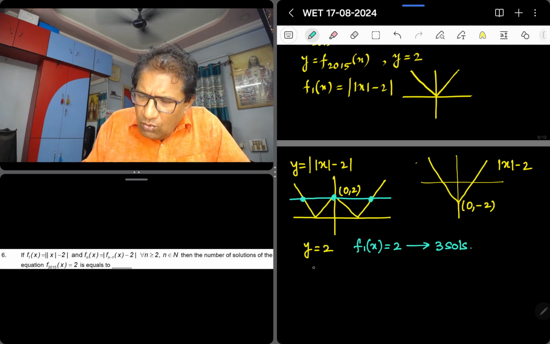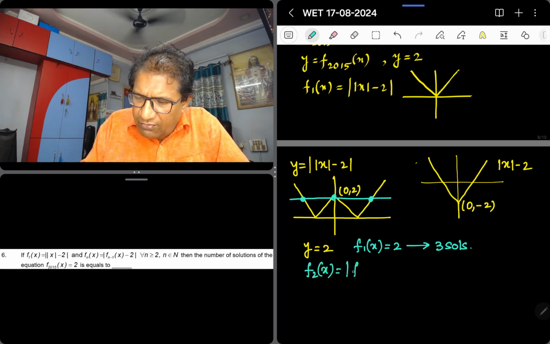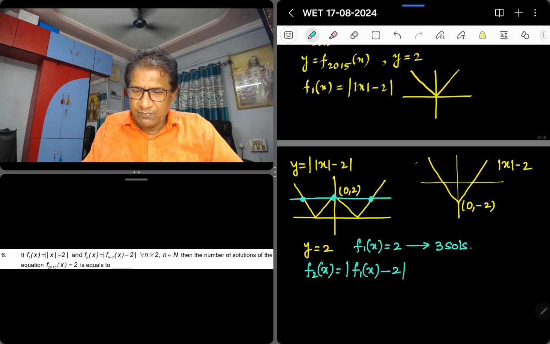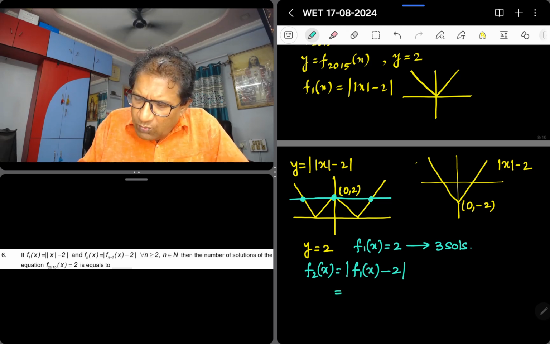Now, let us use the relation given to find out what is f2x. So, f2x will be modulus of f1x minus 2. Now, f1x is what? Modulus of mod x minus 2 minus 2.